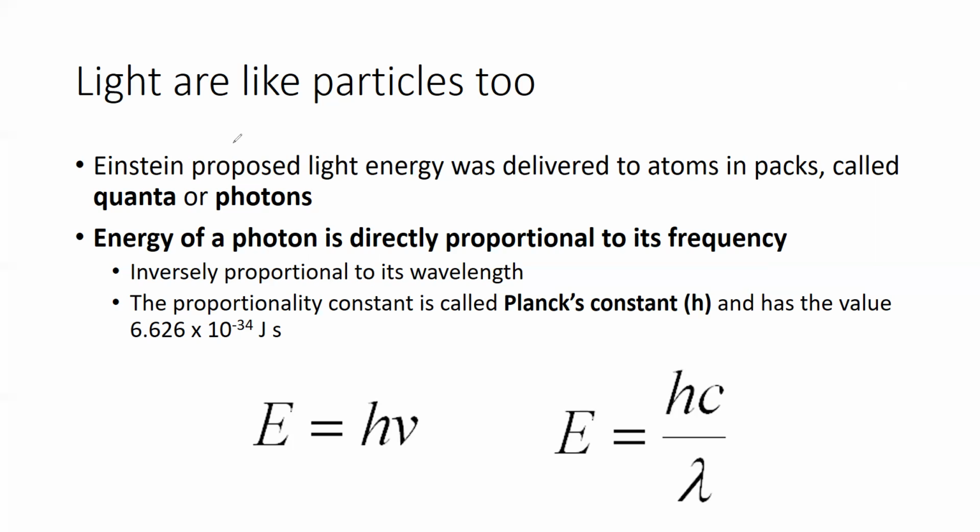Basically, what he did is that he shined a light on a piece of metal, and he found that to eject electrons off that metal, you need a certain type of light, a certain energy in that light, which meant that that light energy is not being delivered continuously like you would think in a wave, but it's delivered in discrete packets.